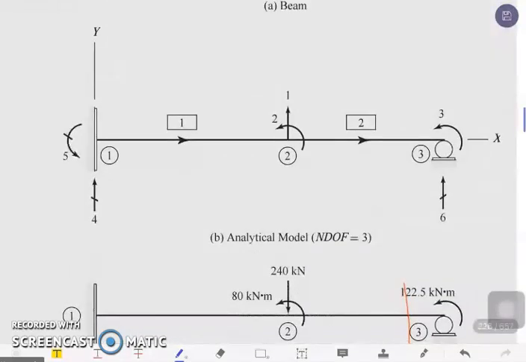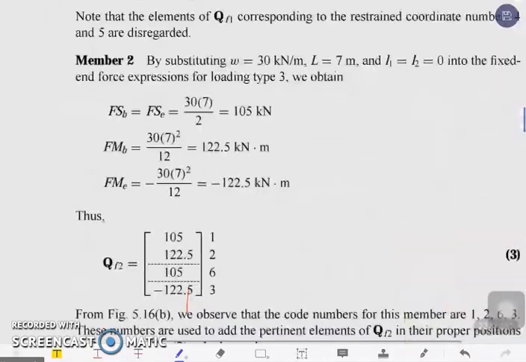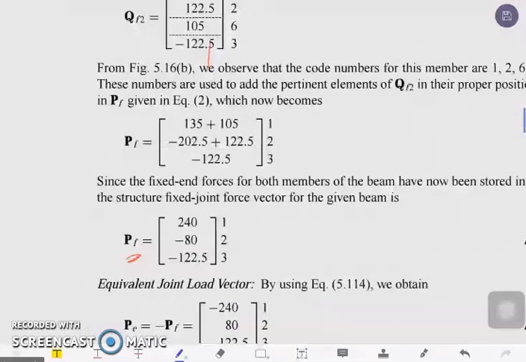So 1, 2, and 3. So you have to write down here our values, which have code numbers 1, 2, 3 to represent that there are 3 P sub F since there are 3 degrees of freedom.